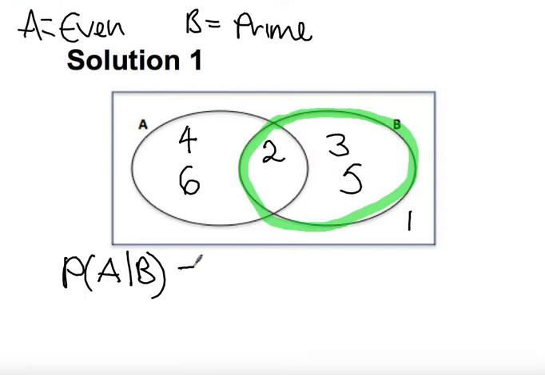So that tells me straight away that the probability must be out of 3, because that is the total possible outcomes, because I know that it's prime. So the outcomes has been reduced from 6 possible outcomes to 3 possible outcomes. How many of those outcomes are even? Well, it's just 1, so we get a probability of a third.